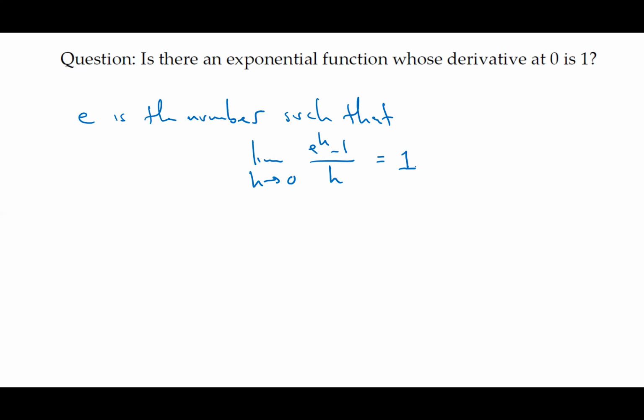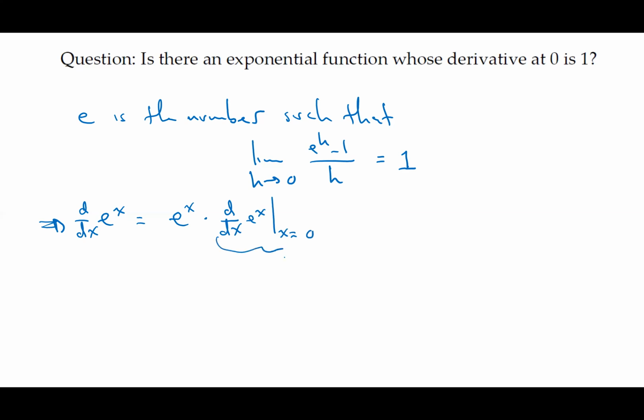So that if we consider e to the x, so if I'm taking the derivative of e to the x, well, we know this is e to the x times, well, the derivative of e to the x evaluated at x equals 0, right?